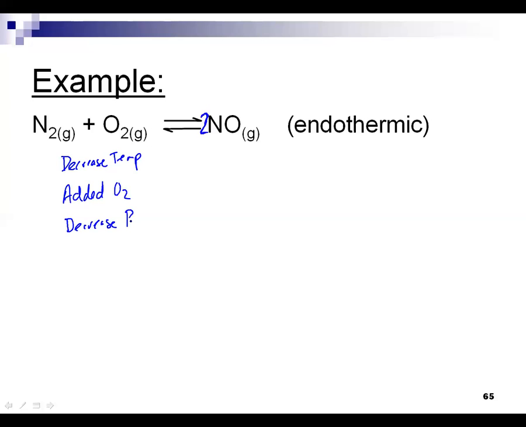Let's say that we removed N2. We added NO. We added a catalyst. And that decreased pressure.